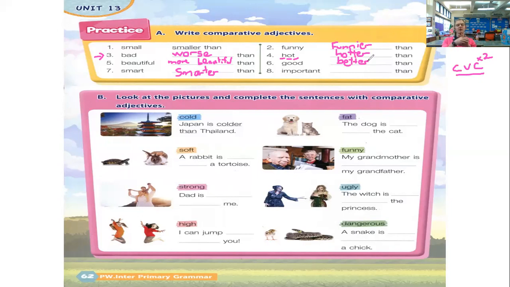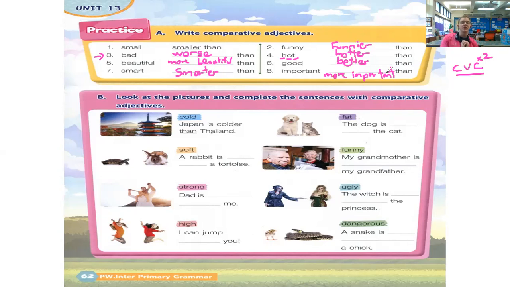And the rules say if we have 2 or more syllables, we use the word more in front of our adjective. So that's why this one is more important. Okay.